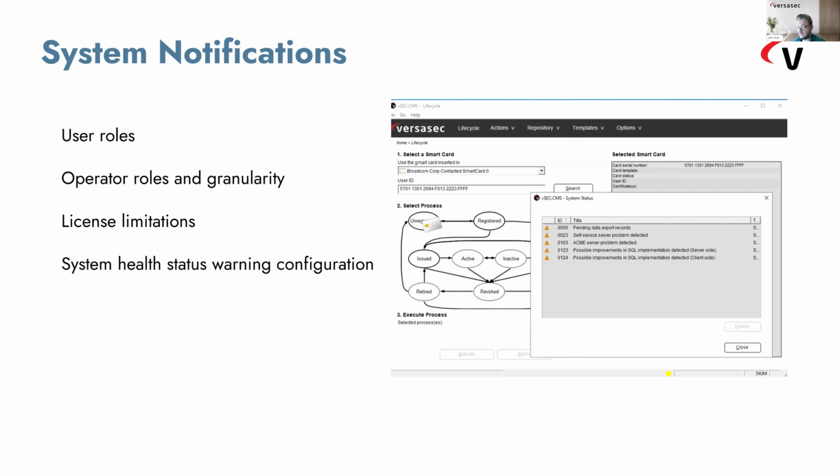For instance, if an operator's primary task, let's say, is handling only lifecycle processes, meaning they're doing centralized tasks on behalf of users on the smart cards and credentials, then they don't necessarily need to be overwhelmed with notifications about license, backend connections, or other system side tasks.